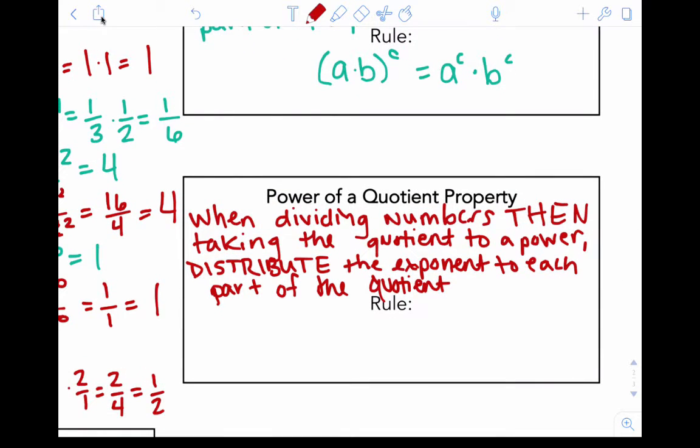And this rule is going to look like A over B to the C. So any number divided by any number to any exponent equals A to the C over B to the C.